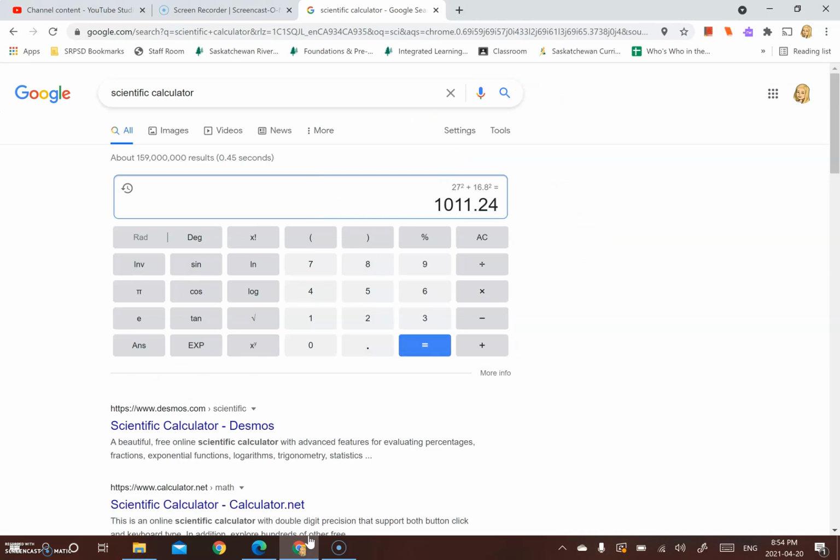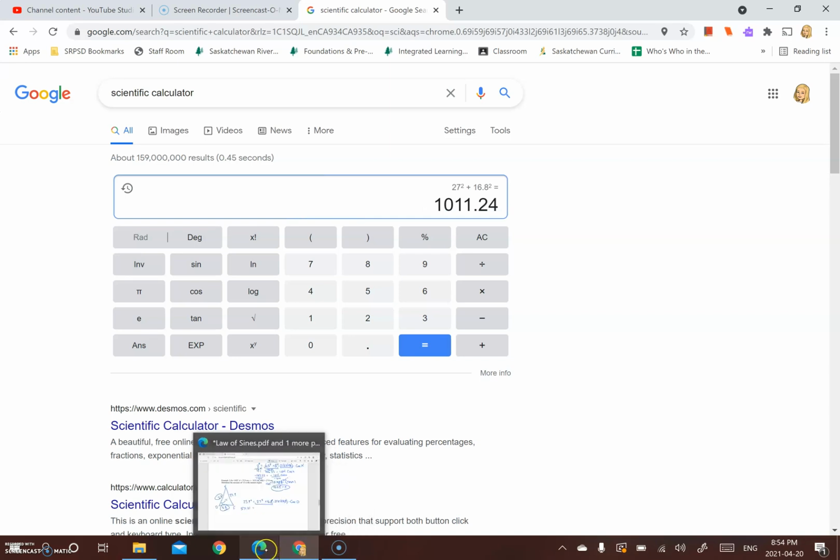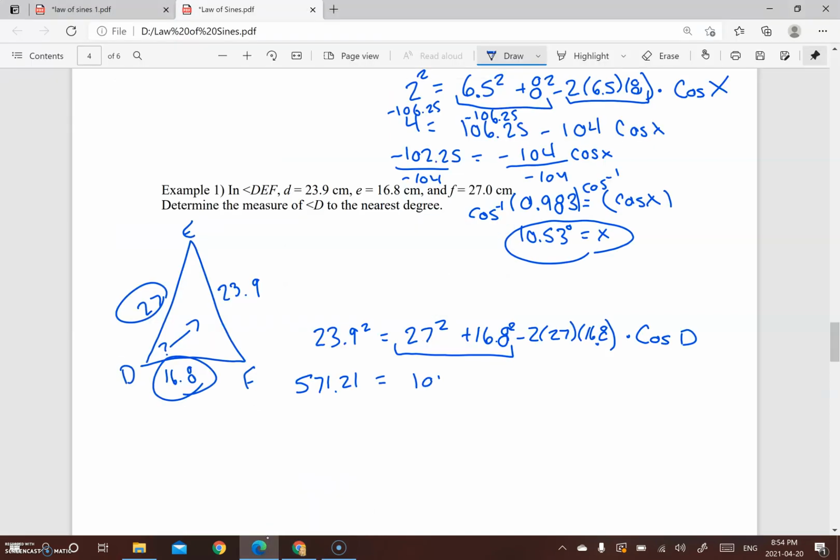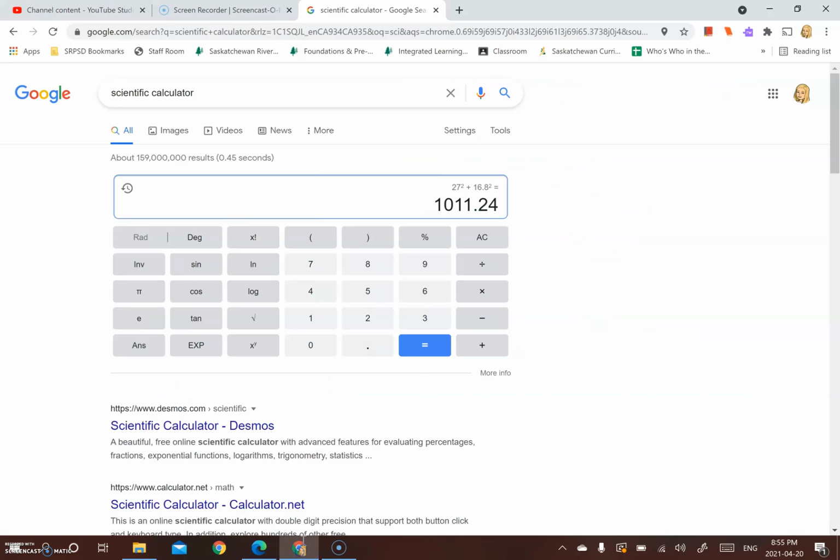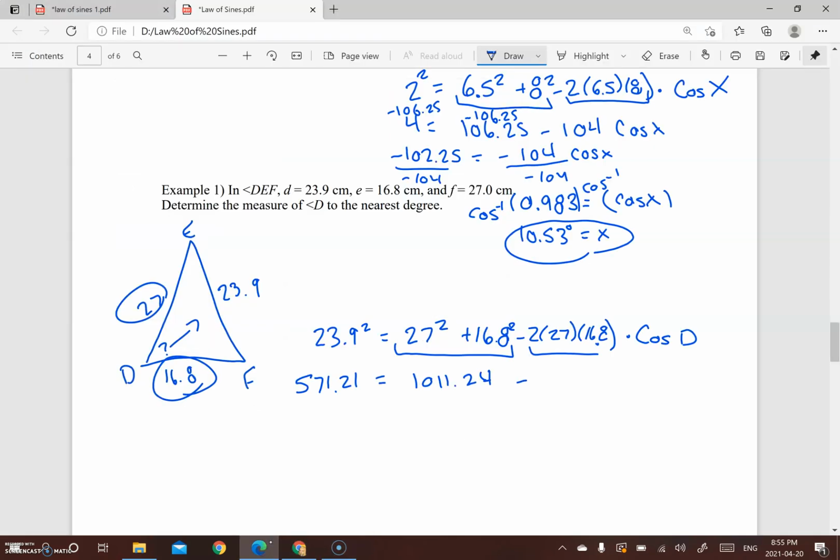That equals 1011.24. And I'll chunk this part. 2 times 27 times 16.8 is 907.2.